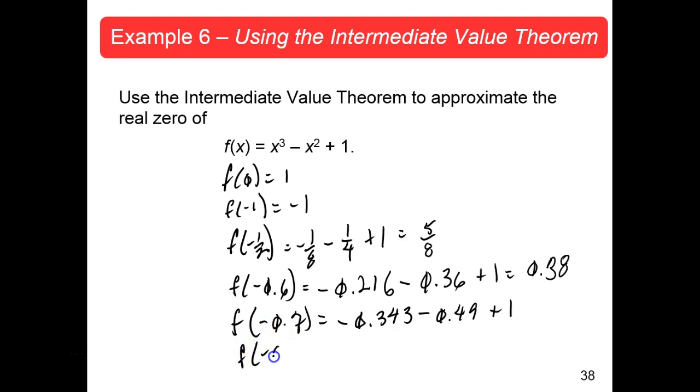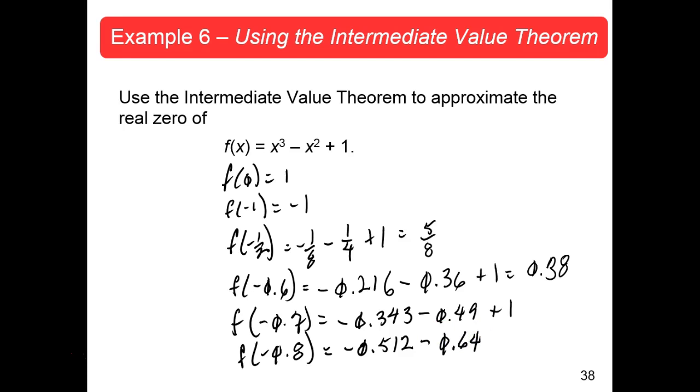0.8. I thought he might say that. All right. Negative 0.8 cubed is negative 0.512. This time I think we're going to make it, folks. This will be negative 0.64.